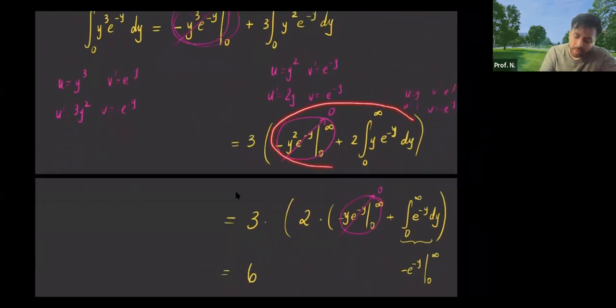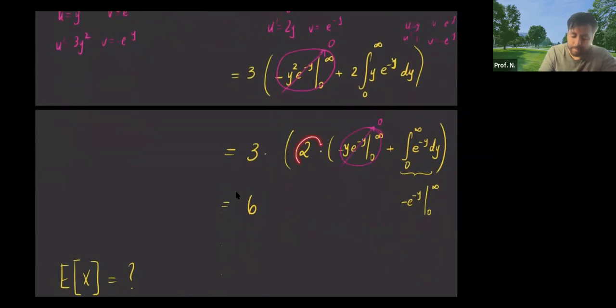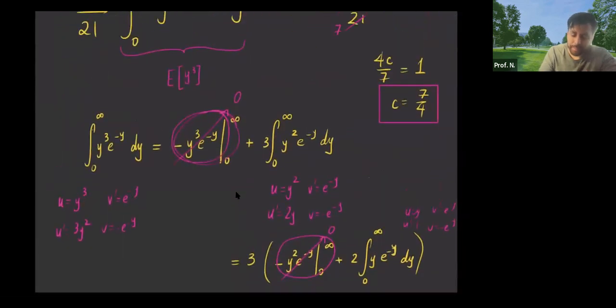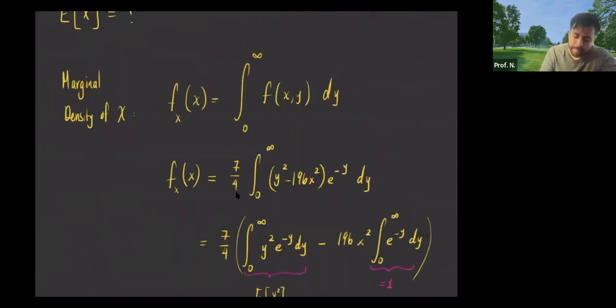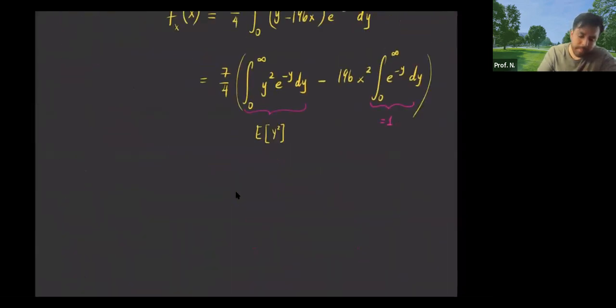Out of all of this, what was the only value that came out? What was it, 2? Right? This was equal to 2. So we get 7/4 times (2 minus 196 x squared).